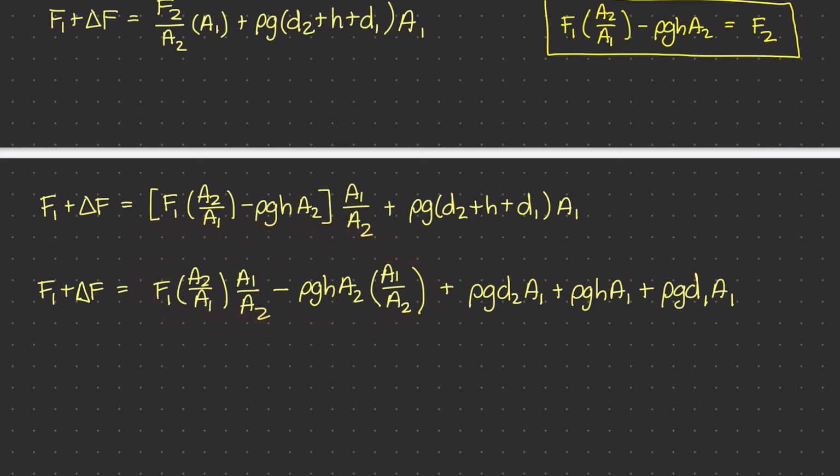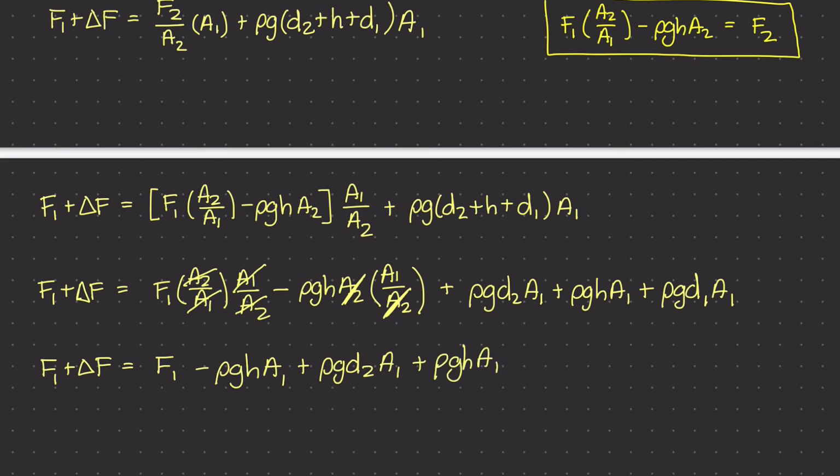Okay, so there's a lot of things we can do here. The first thing you'll notice is that this A2 and this A2 cancel out, and then the A1 and the A1 cancel out, as well as this A2 and this A2. So what we're left with is F1 plus delta F, the additional force, is equal to F1 minus rho G H times A1, right? That is this term right here. And then we're going to add to that rho G D2 times A1 plus rho G H A1 plus rho G D1 times A1.